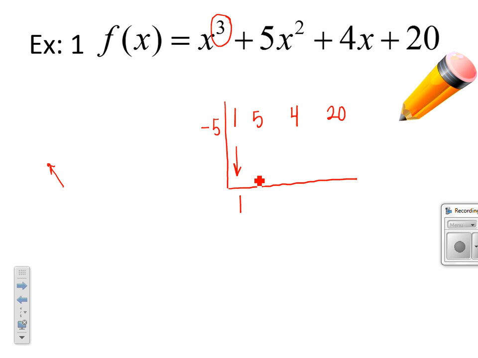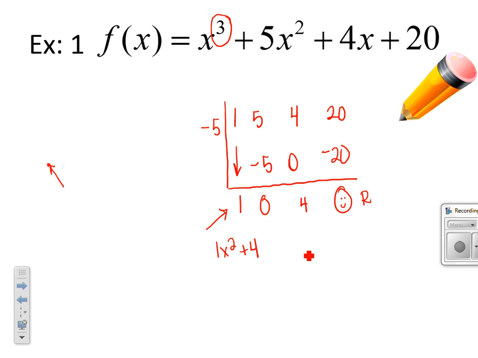Bring down the 1, multiply, add, multiply, add, multiply again, add again, and we get a remainder of 0, which is awesome. That's what we want to see. And now we're going to take our quotient, which is 1x squared plus 4, and we are going to solve it or factor it.